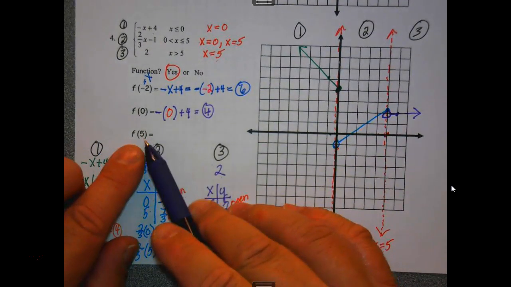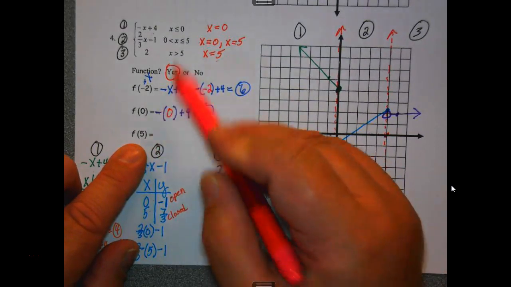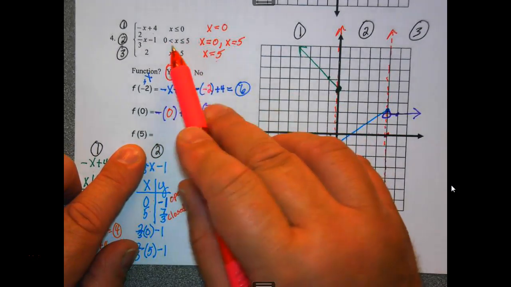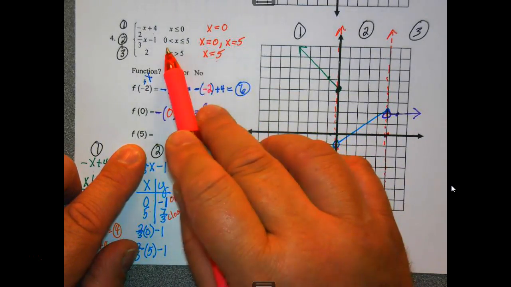And then we have the f of 5. Okay, 5 is it between 0 and 5 or equal to 5? Yes, it is.